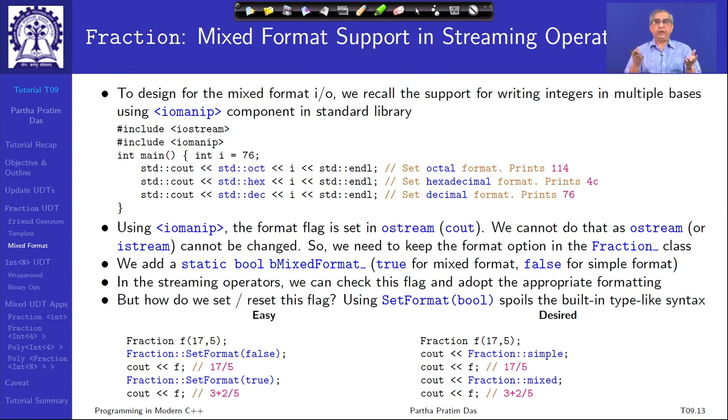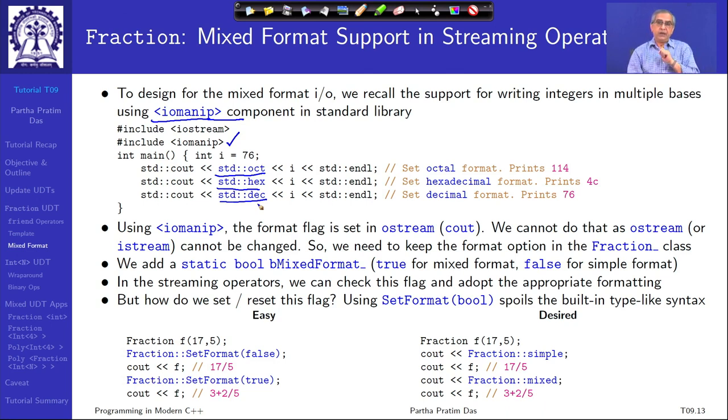For example, I can print it out in terms of decimal, which is default, but I can print it out in terms of octal format or in hexadecimal format and so on, and that support is available in IOManip, and using that I can just stream it like this. So, I first stream the format in which I want, and then I stream the object.